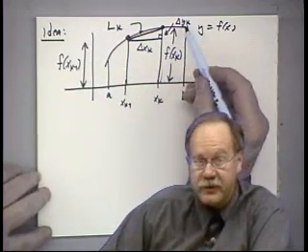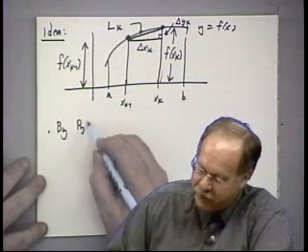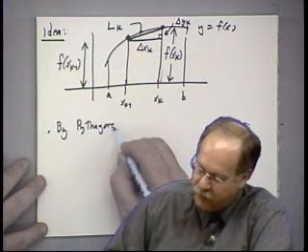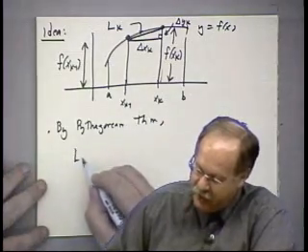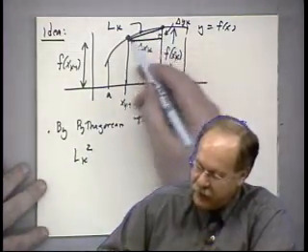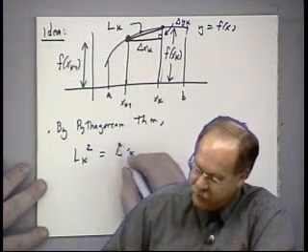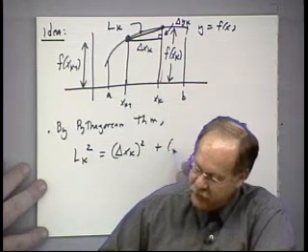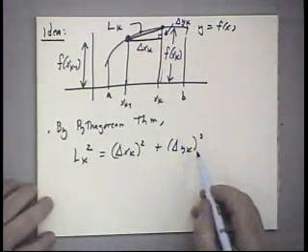So we're really not introducing anything new here. So we can start out by saying, by the Pythagorean theorem, which applies to this right triangle, that L sub k squared, the hypotenuse of the right triangle, is equal to delta x sub k squared plus delta y sub k squared. So that's the Pythagorean theorem.